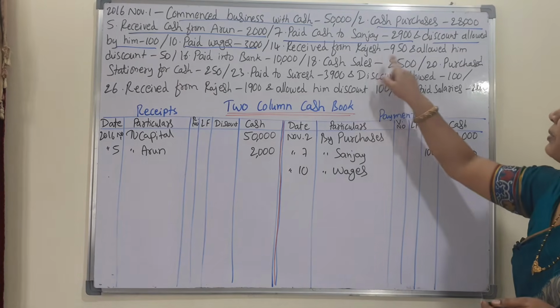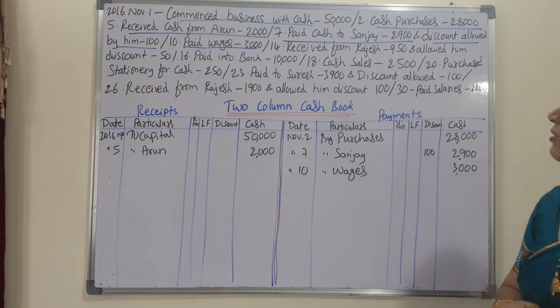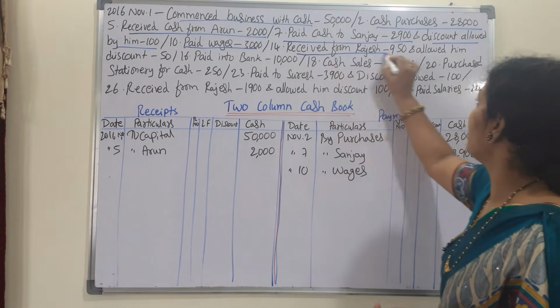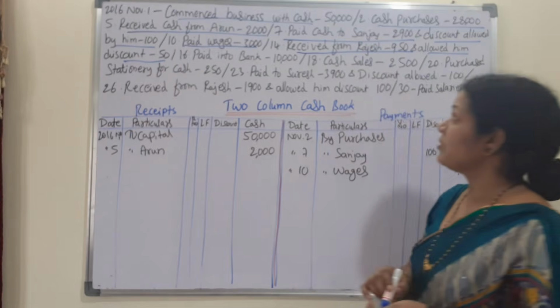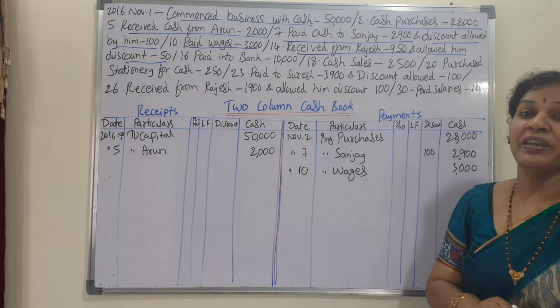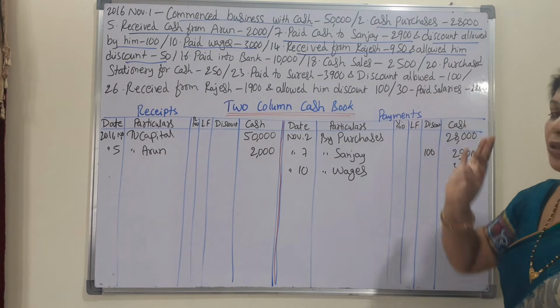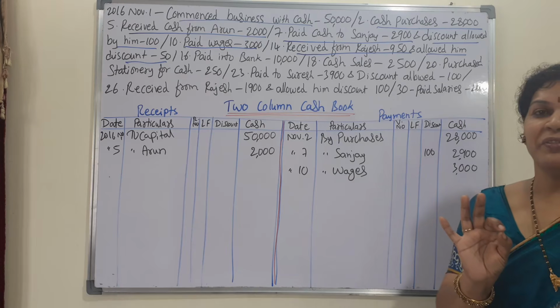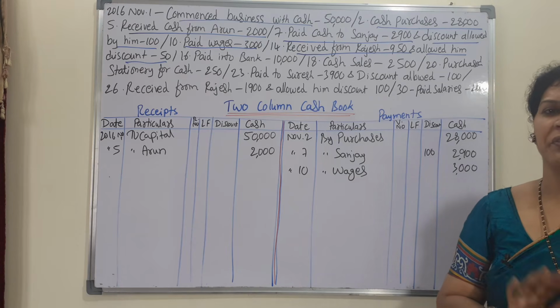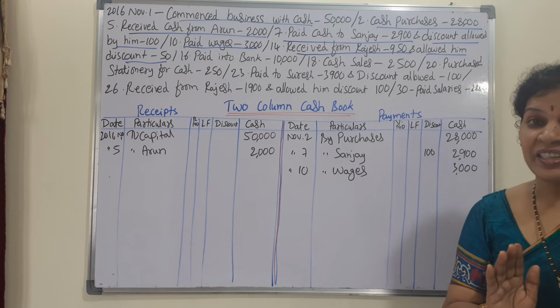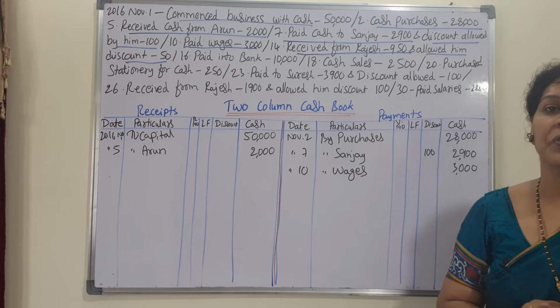Next, received from Rajesh. We are receiving from Rajesh 950, allowed him a discount of 50 rupees. In fact, we have to receive from Rajesh 1,000 rupees. But we are saying to Rajesh, I will give you a discount of 50 rupees, you pay me 950 only. Means here we are allowing a discount of 50 rupees to Rajesh.